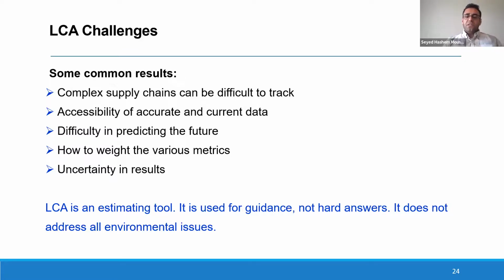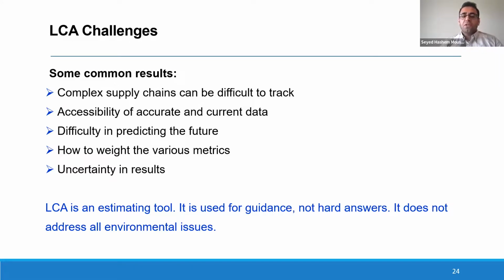Difficulty in predicting the future. What we are analyzing is the current situation. The technology is changing, so based on that, the emissions and the LCA results will be different in the future. There are also challenges in weighting various metrics. For example, as you saw in the previous slide, we have different impact categories.